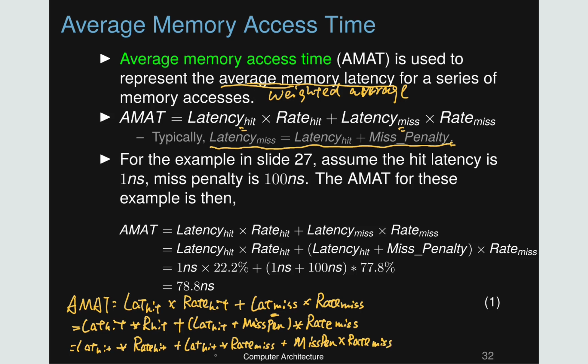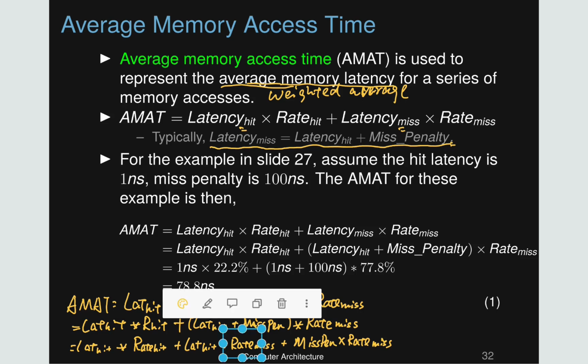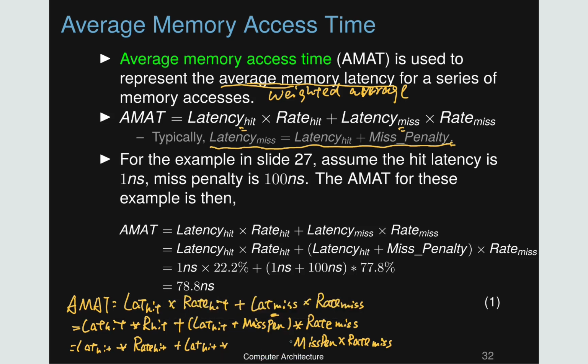And if we combine the first two terms here, taking out the common coefficient, hit latency, what we have is effectively hit latency multiplied by the hit rate plus the miss rate.